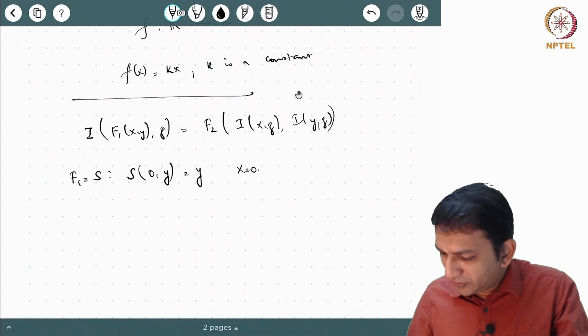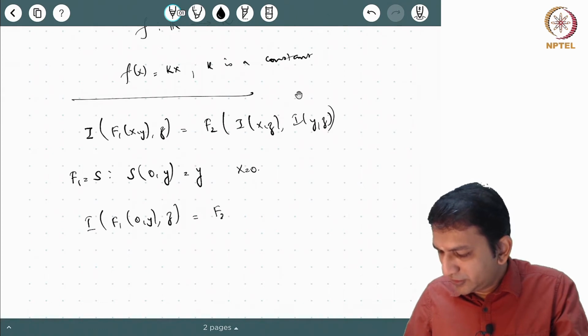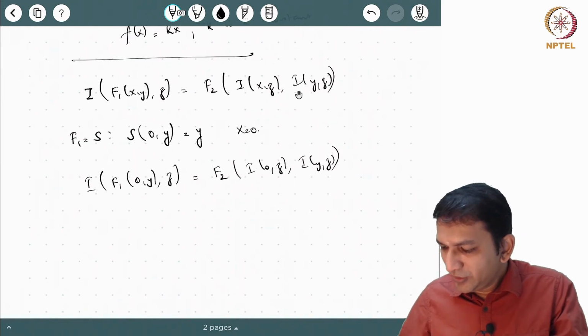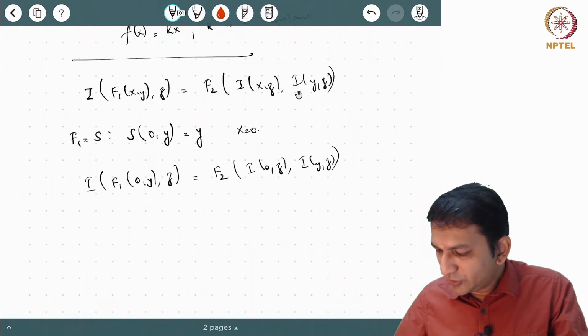So then that equation reduces to I of F1 of 0 comma y, comma z, which becomes F2 of I of 0 comma z, comma I of y comma z. Now we know that I of 0 comma z is 1 because I is an implication. So that means this is F2 of 1 comma I of y, z.